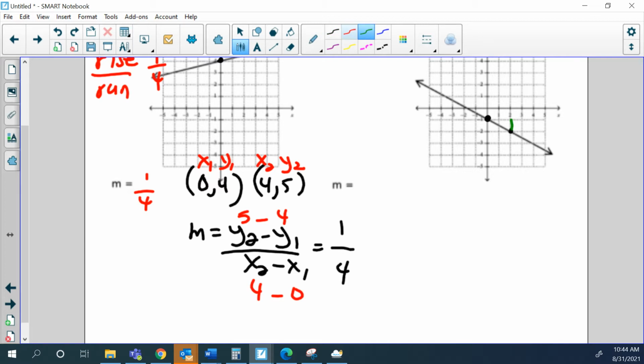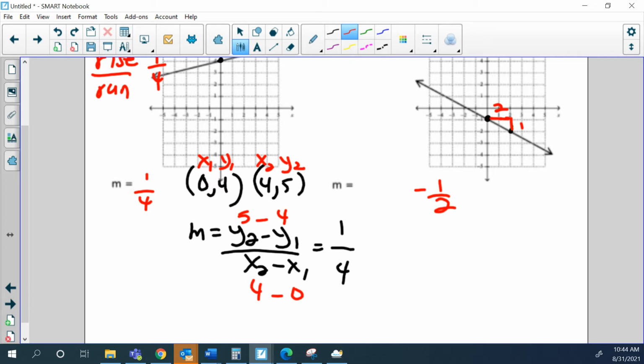Okay, my rise is going to be 1, and my run is going to be 1, 2. So because I went to the left now, it's going to be negative. So my slope here is going to be negative 1 over 2.